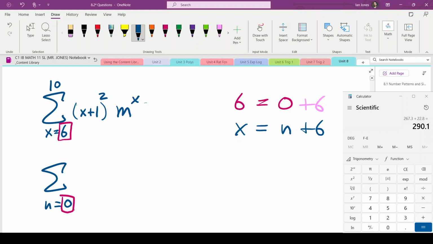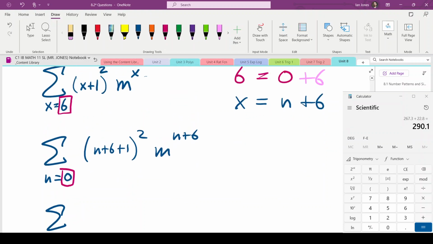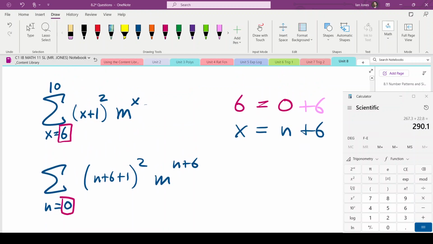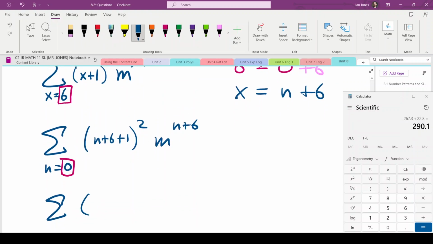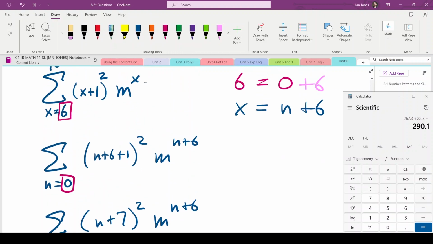Right? Isn't that true? 0 plus 6 gives me 6. N plus 6 gives me x. So everywhere I see an x, I replace it with an n plus 6. So I'm going to have n plus 6 plus 1 squared m to the n plus 6. Or in other words, n plus 7 squared m to the n plus 6. N starting at 0.